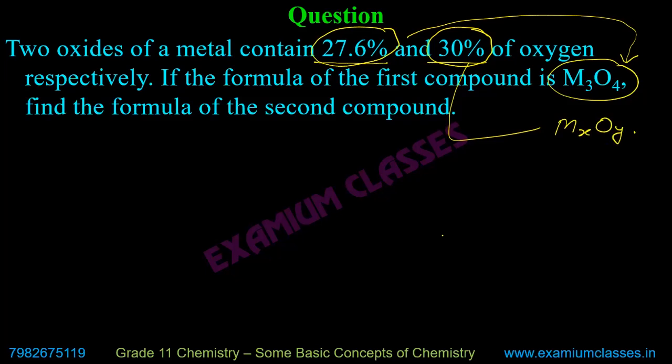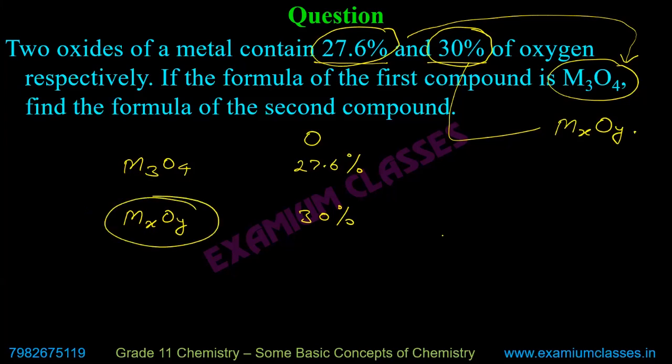The question simply says you have a metal oxide M3O4 in which oxygen is 27.6%. There is another metal oxide of the same metal, and its oxygen is 30%. You need to find the formula of that metal oxide.